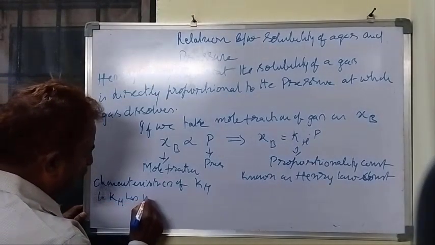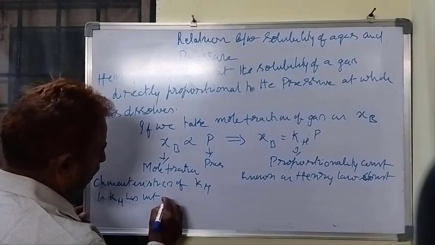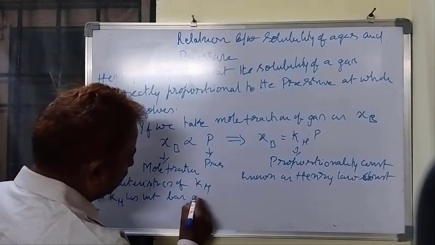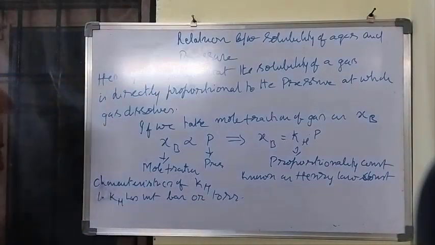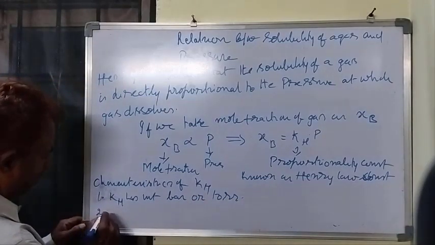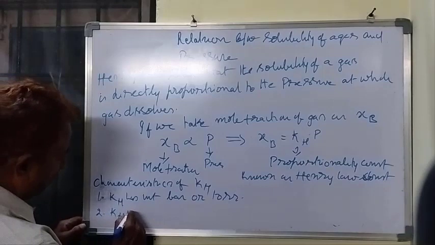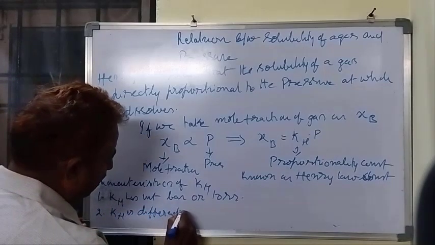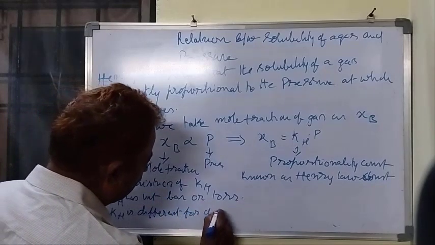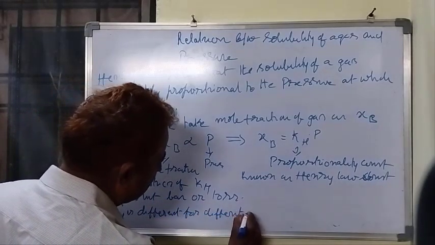KH has a unit: bar or torr. Torr is also a unit of pressure. Now KH is different for different gases.